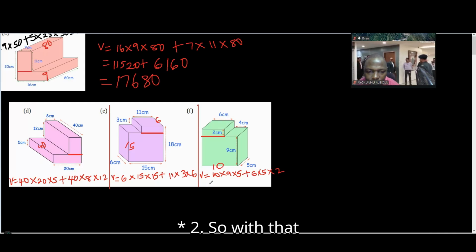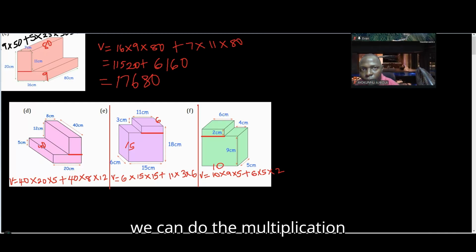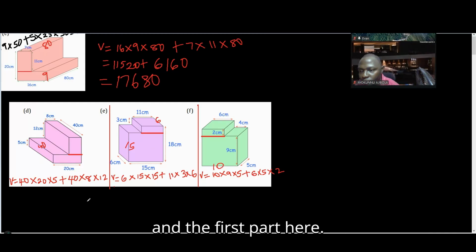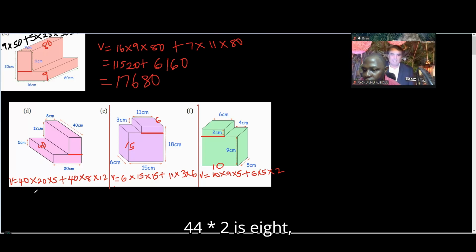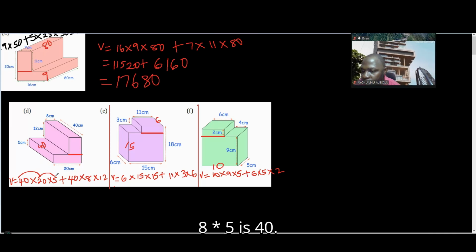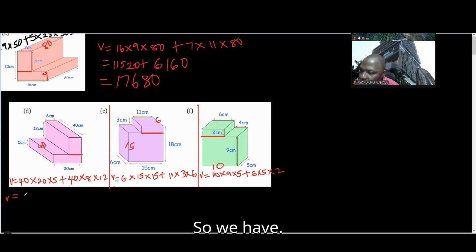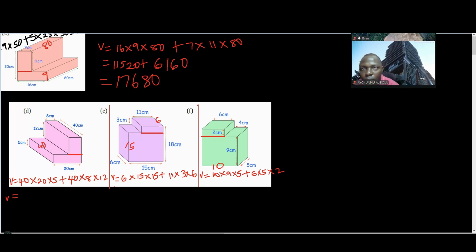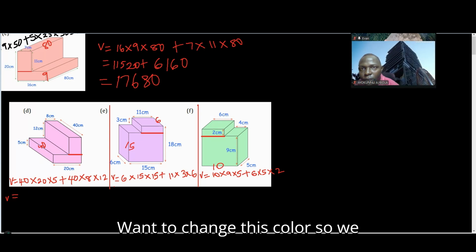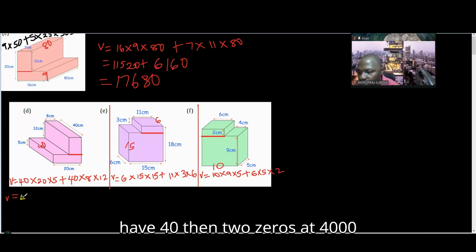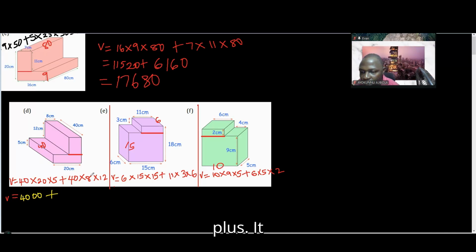So with that, we can do the multiplication, and the first part here, 4 times 2 is 8. 8 times 5 is 40. So we have 40, then 2 zeros, that's 4,000 plus 8 times 12 is 96.